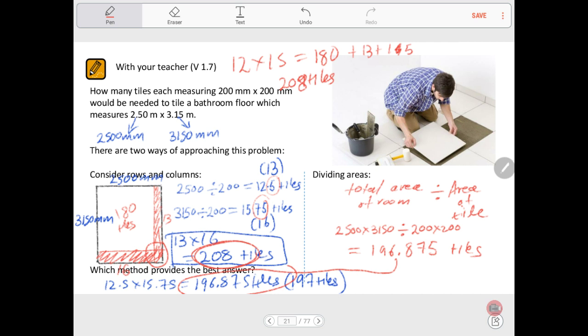I think the problem with this second method is that it doesn't take into account the fact that we need those half tiles and those three-quarter tiles.